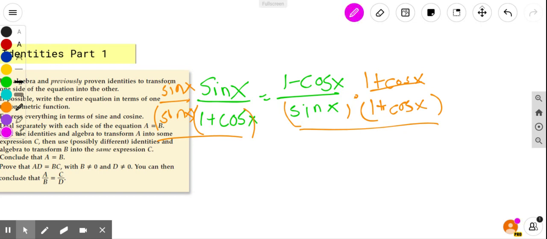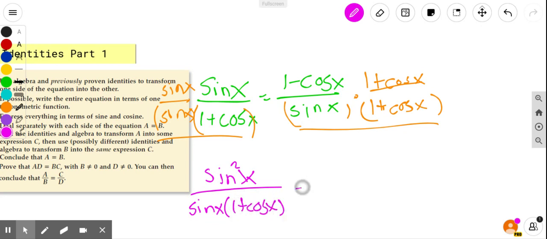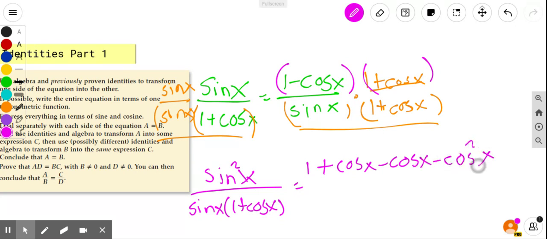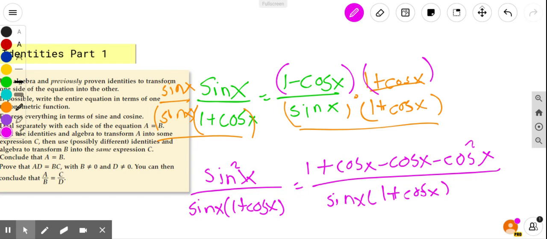So I end up with sine squared of x over sine of x times 1 plus cosine of x would have to equal, well, let's go ahead and multiply these out. 1 plus a cosine of x minus a cosine of x minus a cosine squared of x over sine of x times 1 plus cosine of x. Right? And again, I can note that these two cancel out.